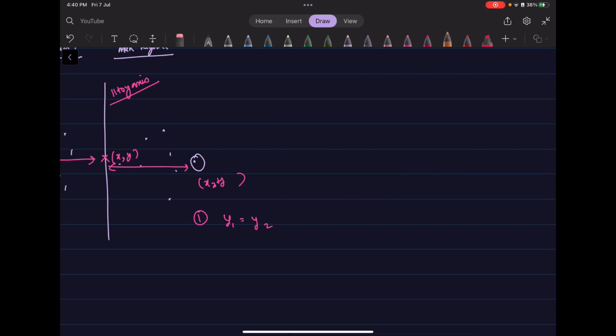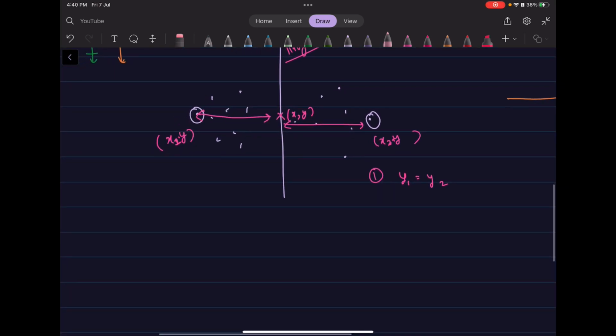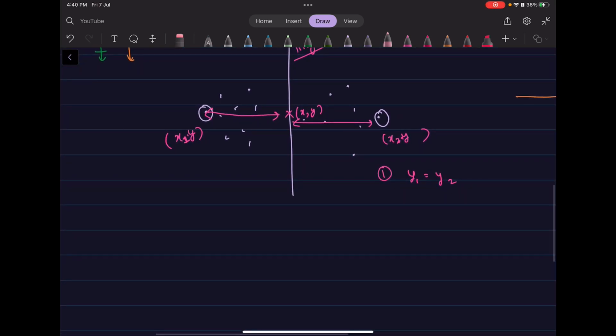See, if you are standing in front of the mirror, at k distance from the mirror, your mirror image would also be standing k distance from you, right? So same thing here. If you see the distance of the x1 comma y point from x comma y, and the distance of x2 comma y from x comma y, they would be the same, right?